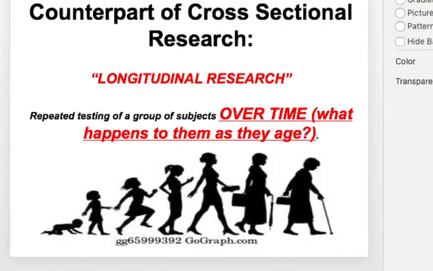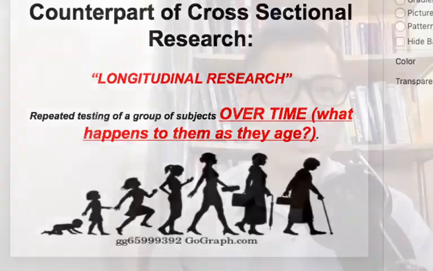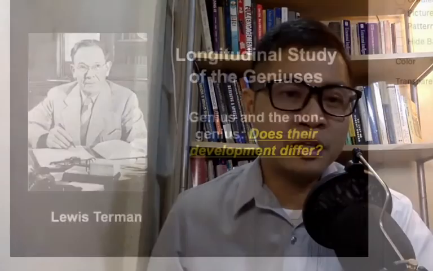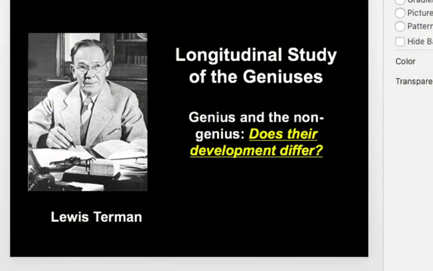And as they age, over time, i-observe mo kung ano yung nangyayari sa psychological variable that you would like to study from them. One good example of a longitudinal research that was very popular in the field of cognitive psychology is the longitudinal study na ginawa ni Lewis Terman, where he studied the geniuses o yung mga tinatawag na mga gifted.